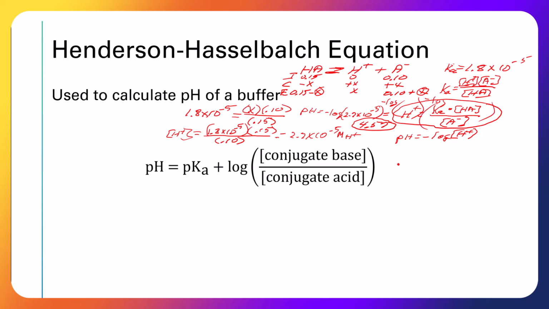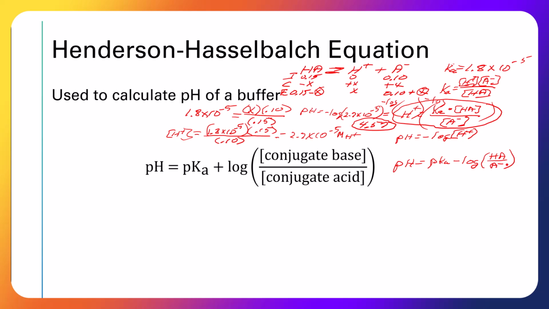When I do that, I got pH, and I'm going to employ some log rules here. pH is equal to the pKa, that's the negative log of the Ka, and that gives me minus the log of the acid concentration over the base concentration.